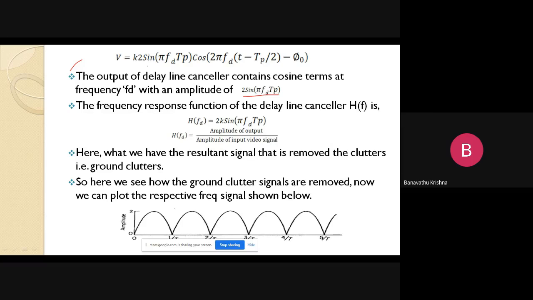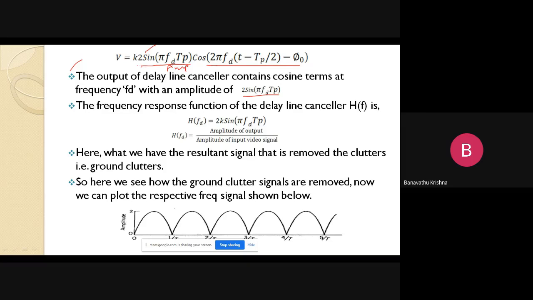This is the response of our system, represented in amplitude, and this is nothing but the frequency domain of our signal. The amplitude is 2k sine pi fd Tp.